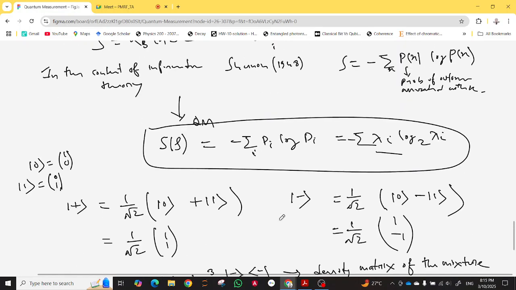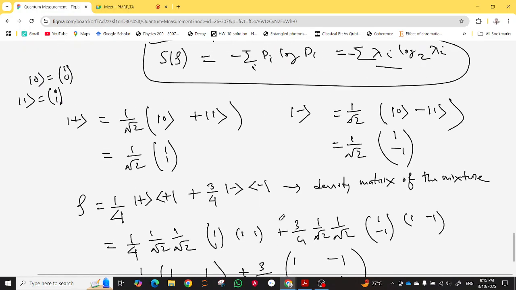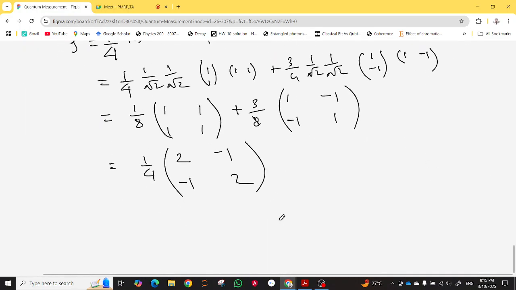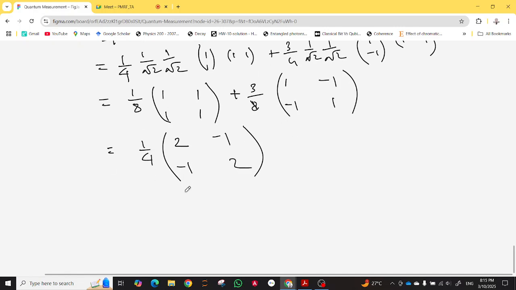Now for the lambda i, you have to calculate the entropy, so you need to calculate the eigenvalues of rho. So what will be the eigenvalues? The determinant of (2 minus lambda), minus 1, minus 1, (2 minus lambda) equals 0.